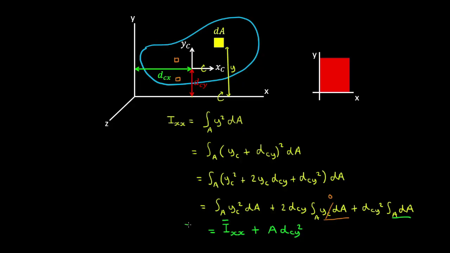And this here is known as the parallel axis theorem, where we can use a second moment of area about the centroid to find a second moment of area about any other axis.